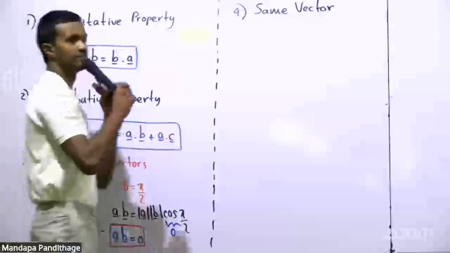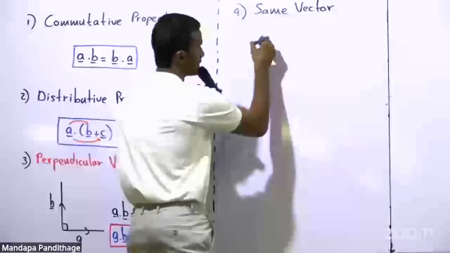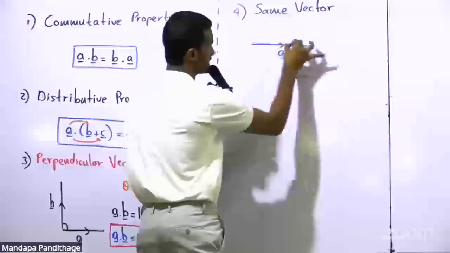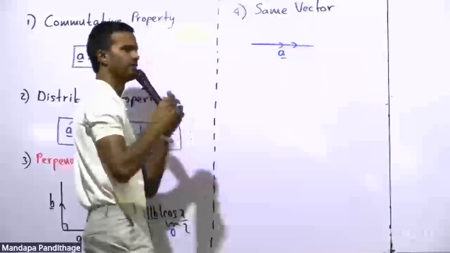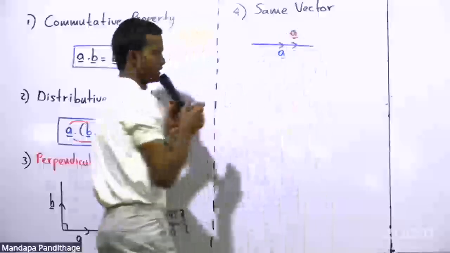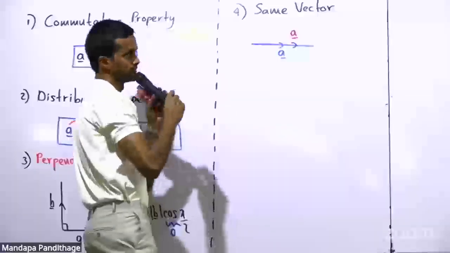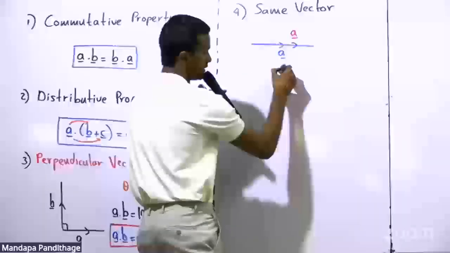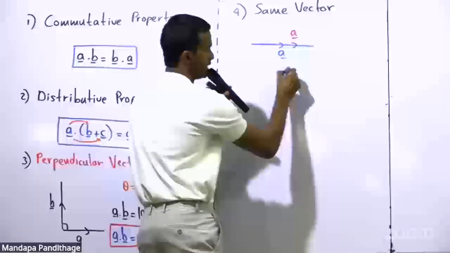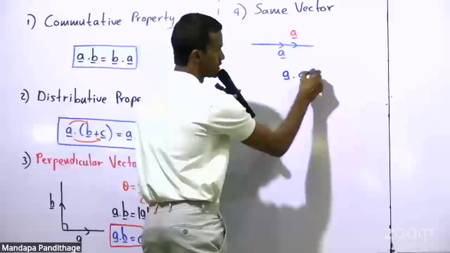Okay, now we have the same vector. We have vector A and the same vector, vector A. So in this case, if I consider A dot A, it's equal to modulus A modulus A cos theta.